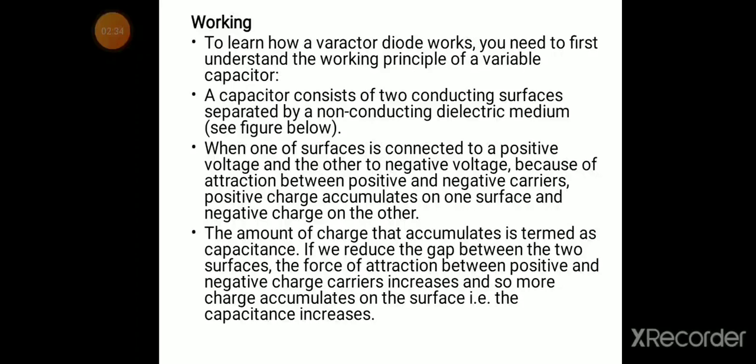So what we learn is, to understand how a varactor diode works, you need to first understand the working principle of a variable capacitor. A capacitor consists of two conducting surfaces separated by a non-conducting dielectric medium. When one surface is connected to a positive voltage and the other to a negative voltage, positive charge accumulates on one surface and negative charge on the other.